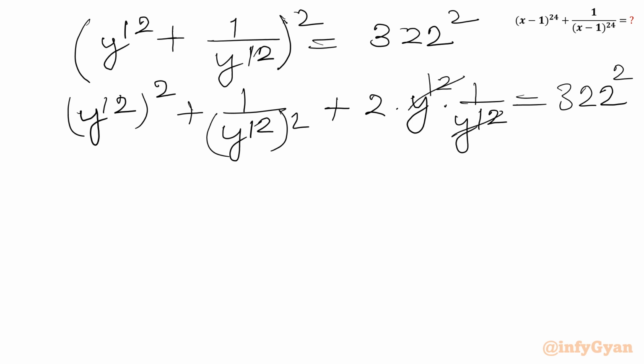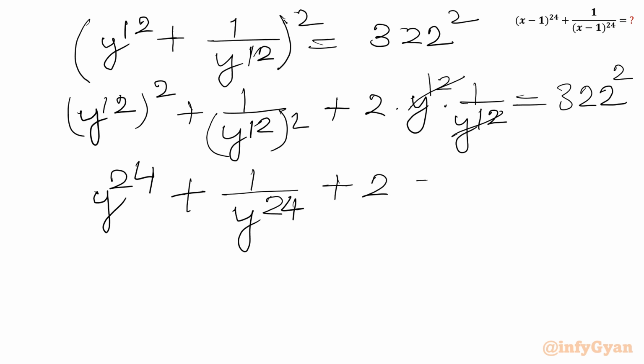Now we can cancel y power 12 from numerator and denominator. So here I can write y power 24 plus 1 over y power 24 plus 2 equal to 322 whole square.